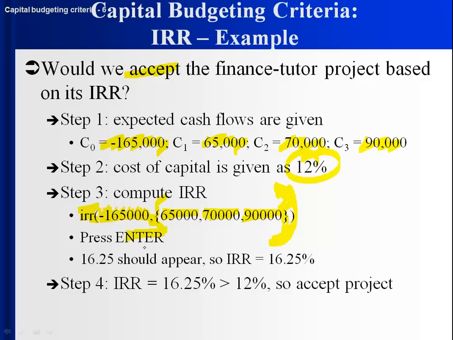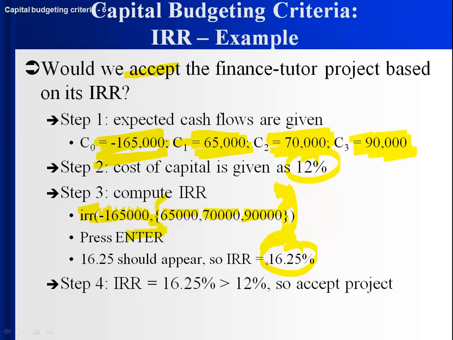Hit enter, and sometimes it takes a while because what the calculator is actually doing is trying rate after rate after rate till it gets to the one where the present value of those cash flows equals 0, and IRR is 16.25%. That means that negative 165 plus 65,000 over 1.1625 plus 70,000 over 1.1625 squared plus 90,000 over 1.1625 to the third is equal to 0.